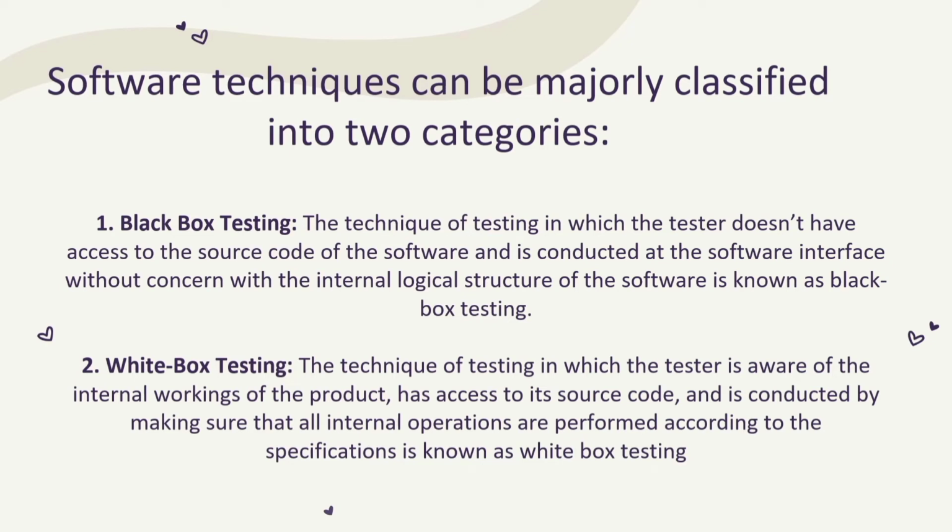White box testing is the technique of testing in which the tester is aware of the internal workings of a product, has access to its source code, and is conducted by making sure that all internal operations are performed according to specification.